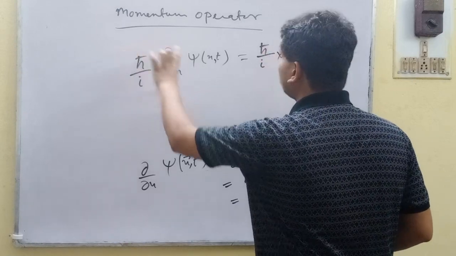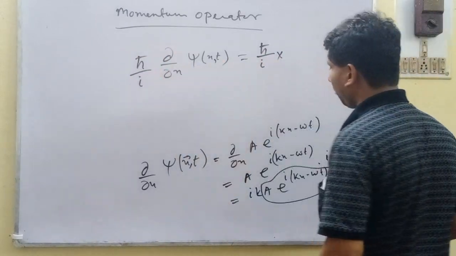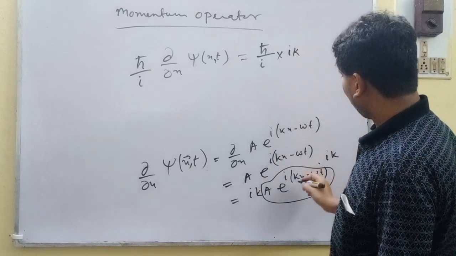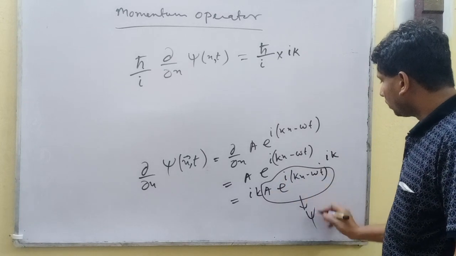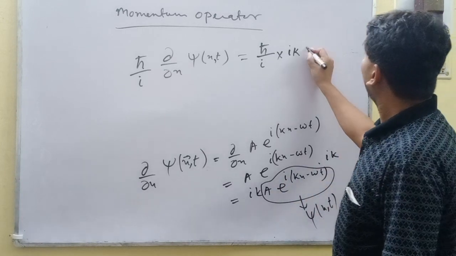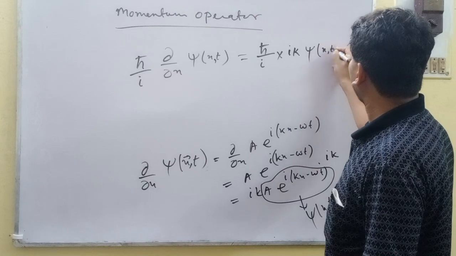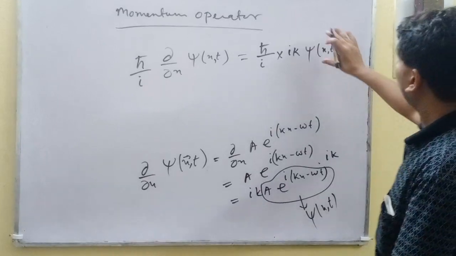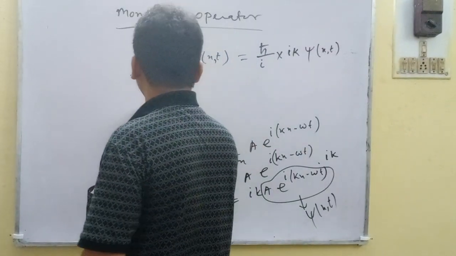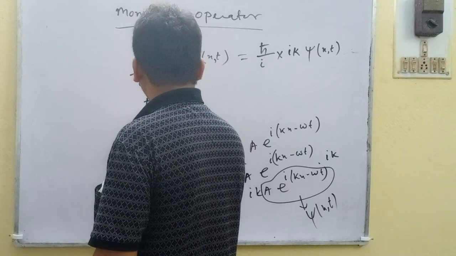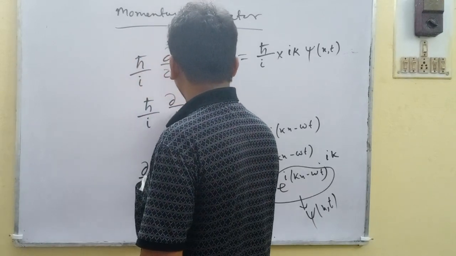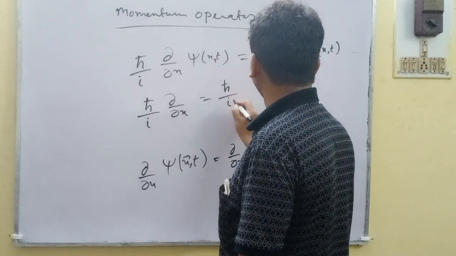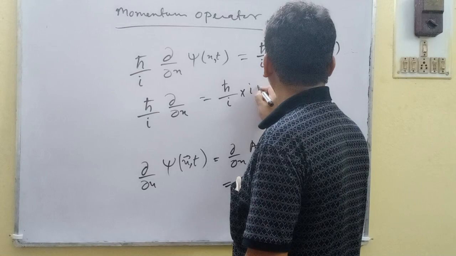We can multiply this on both sides. Then i into k, and this is actually psi x t. Now from both sides, if we remove psi x t, then h cut by i del x equals h cut by i into i k.